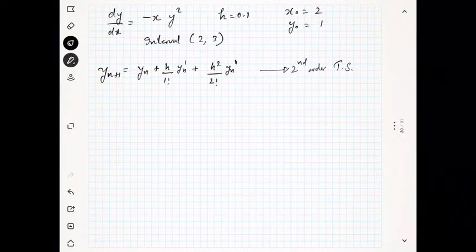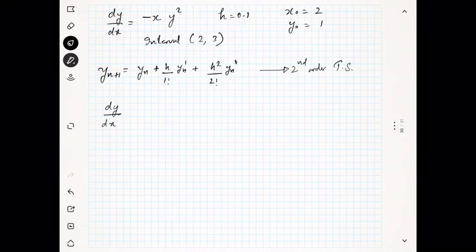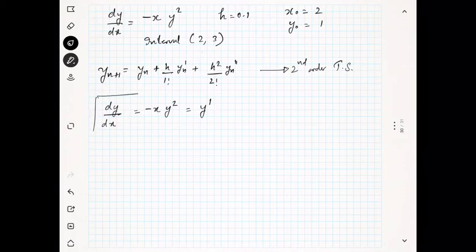And you know this is dy by dx. Dy by dx is given as minus x into y square, that is nothing but y dash. It is evident directly from the differential equation.